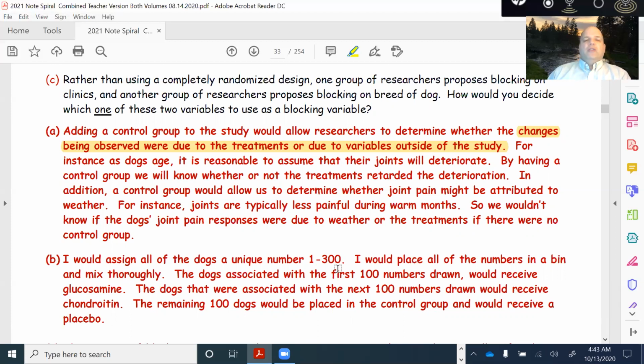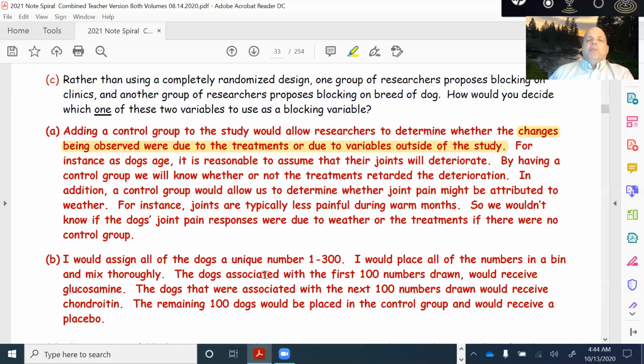Finally, rather than using a completely randomized design, one group of researchers proposed blocking on clinics, and another group of researchers proposed blocking on breed of dog. How would you decide which one of these 2 variables to use as the blocking variable? Okay, once again, we need to tell them that we know what blocking is.